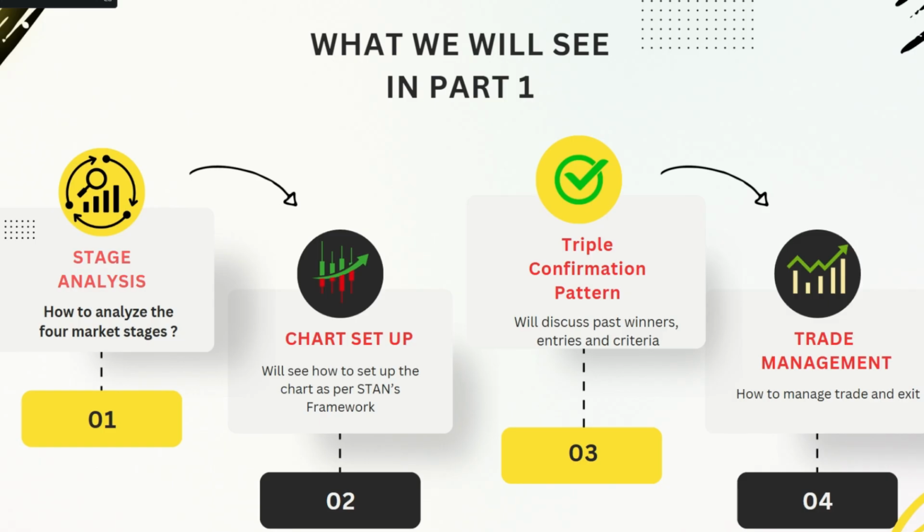We will be looking into the triple confirmation pattern, where we will be seeing the past winners and how to enter properly. We will also be discussing trade management, how to manage a trade once you enter, and then how to exit at a proper time. These things will be discussed in part 1.